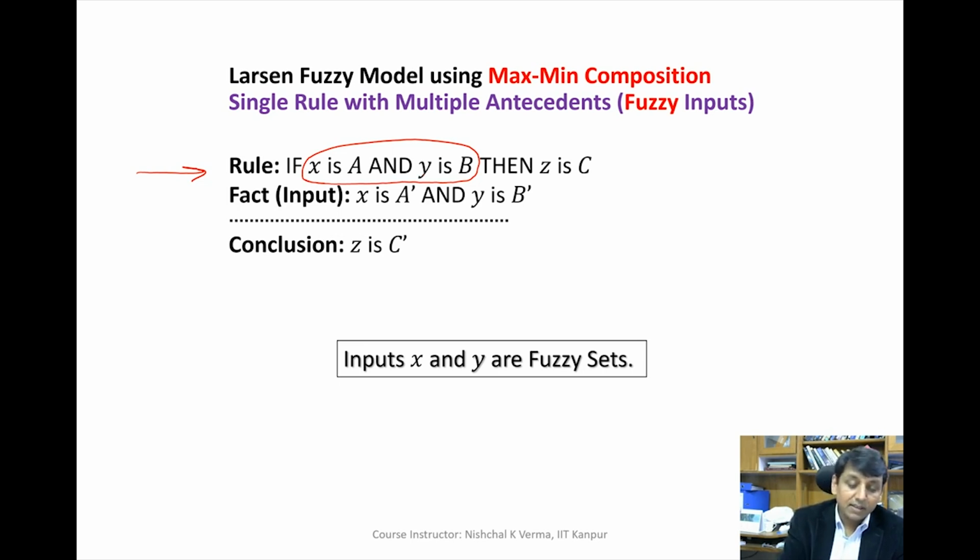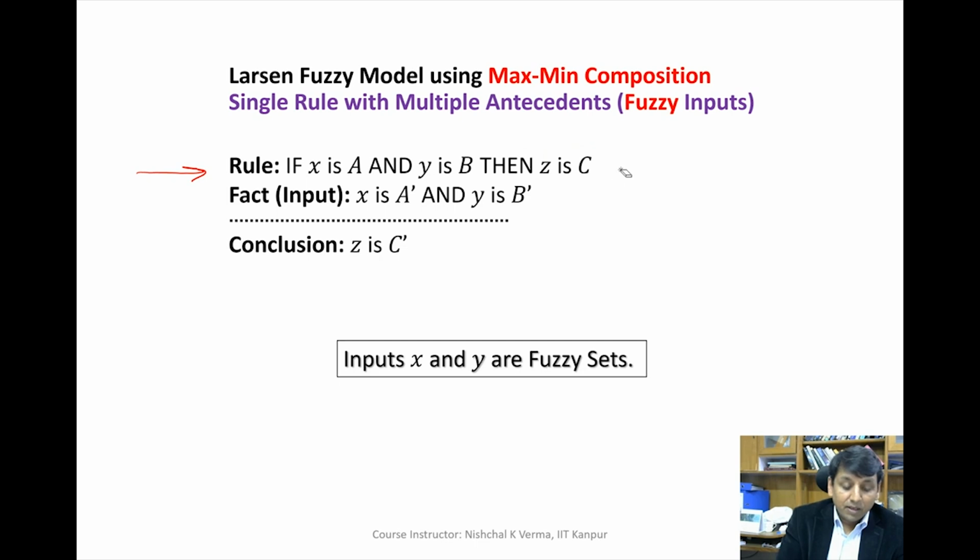So this kind of fuzzy rule will look like this: if x is A and y is B, then z is C. This is our premise part, and this is our consequent part. We have two antecedents in the premise part, as I have mentioned.